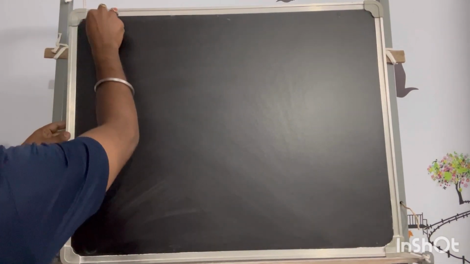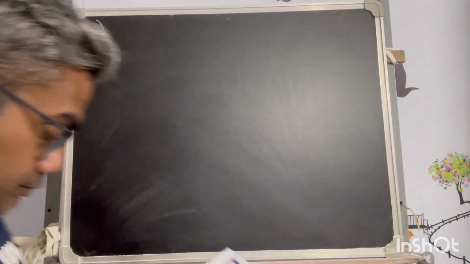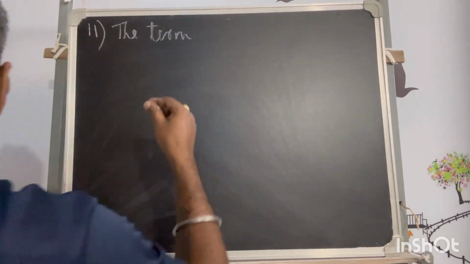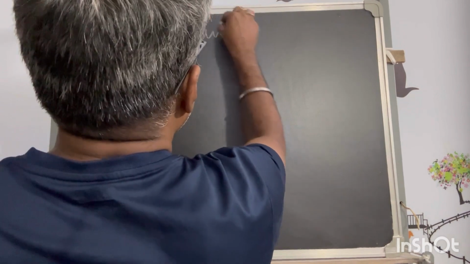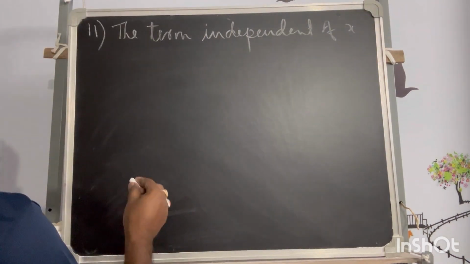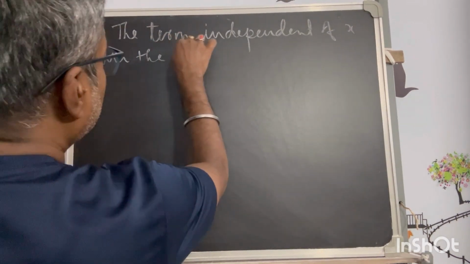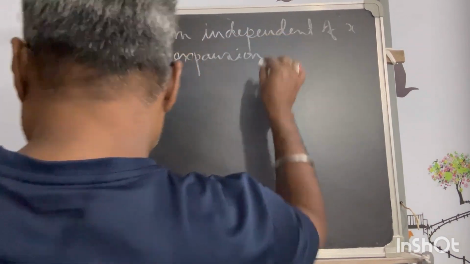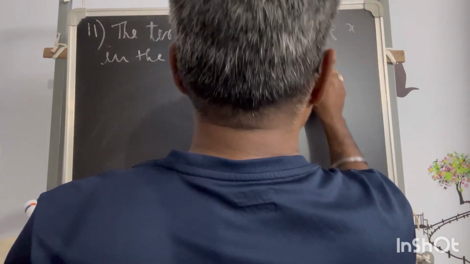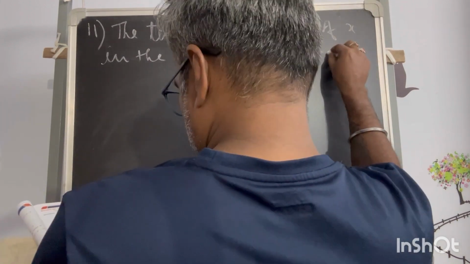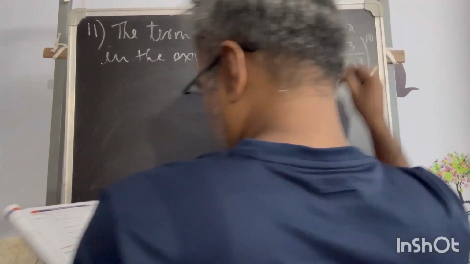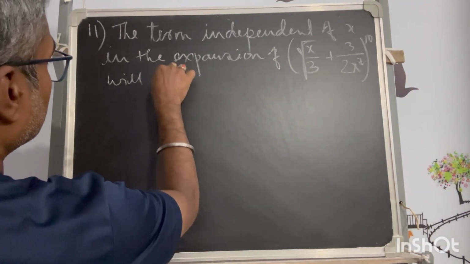Now move on to problem number 11. The term independent of x in the expansion of root x by 3 plus 3 by 2x square, whole to the power 10, will be what?